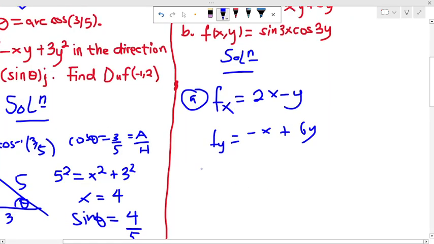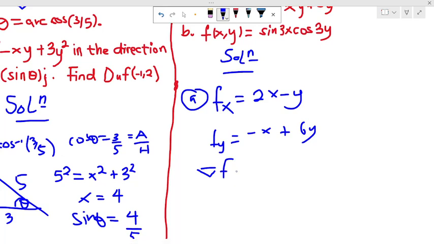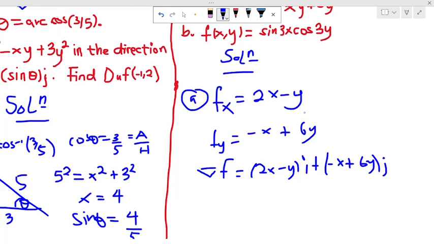So therefore our del f becomes 2x minus y i plus negative x plus 6y j. As simple as that.